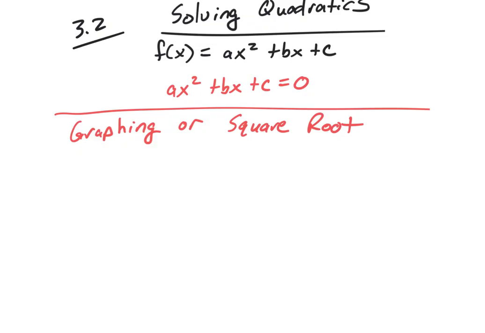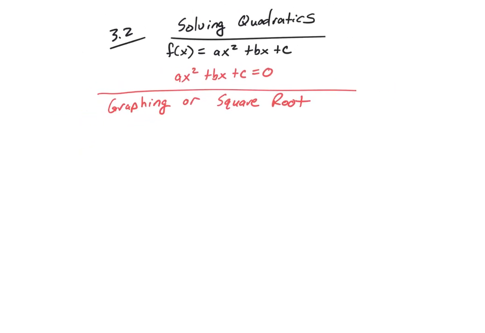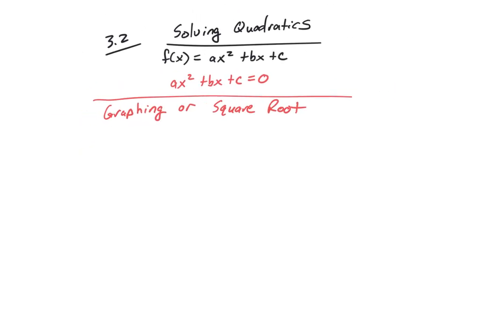I'm going to tie these together into one. We'll use graphing in other places as well. So the first one that I'm going to put up here is x squared minus 25 equals 0.